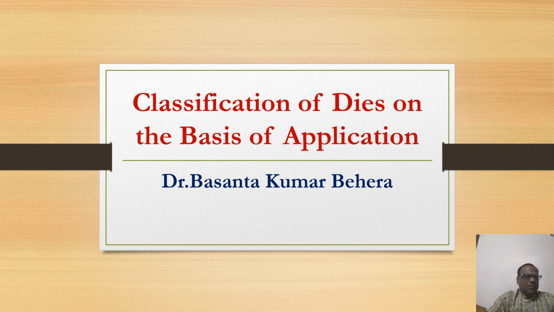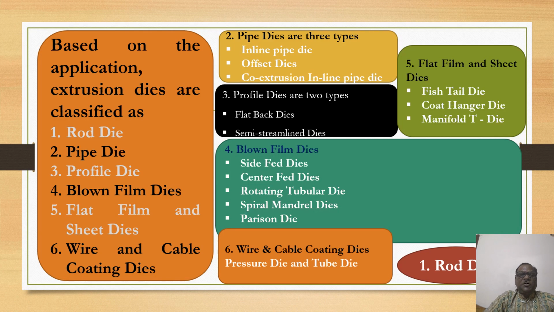Now today I will talk about how the dies are classified on the basis of application, because you are making different plastic parts by using extruder and dies. So based on the application, the extrusion dies are classified into 6 groups.